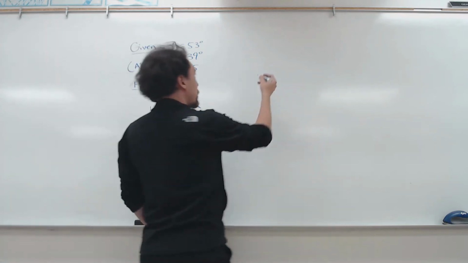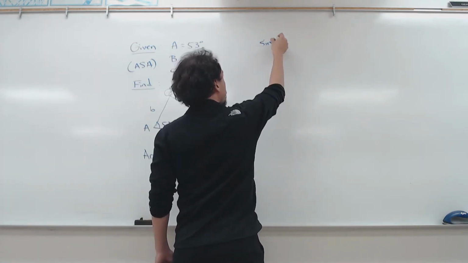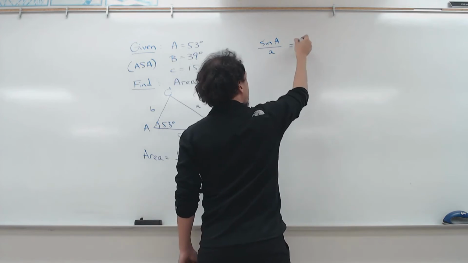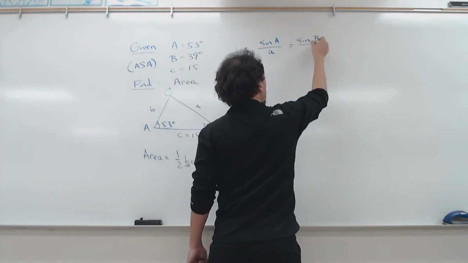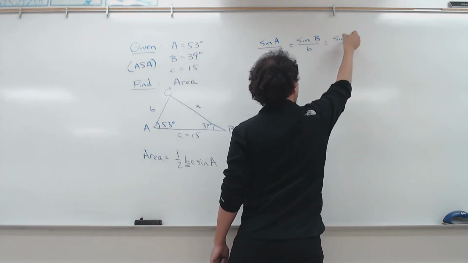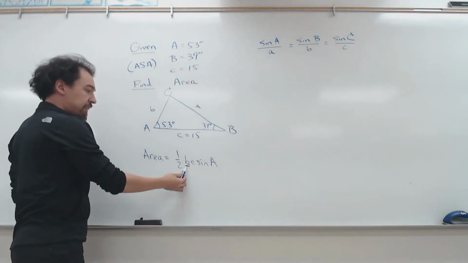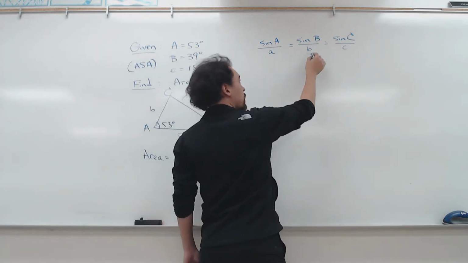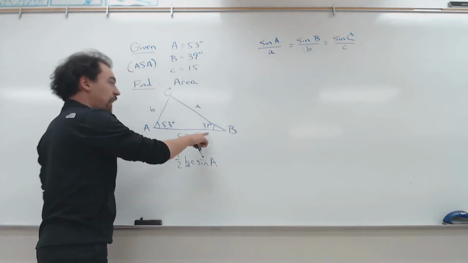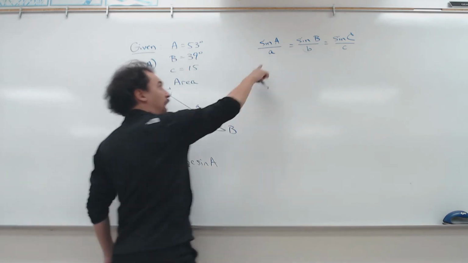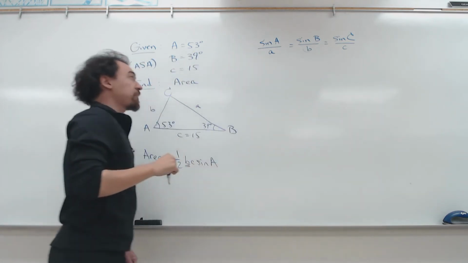So I could say sine of angle A over lowercase a is equal to sine of angle B over lowercase b is equal to sine of angle C over lowercase c, and inspect. The piece that's missing, side b, is what I want here. I already have angle B. So if I can get either this ratio or that ratio, I'm in the clear.